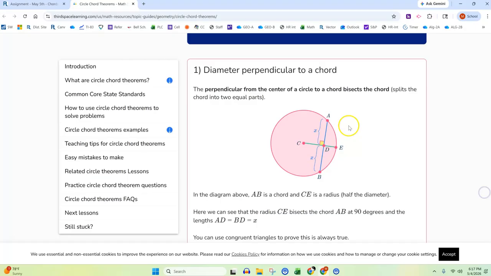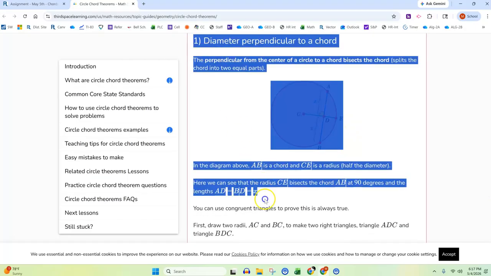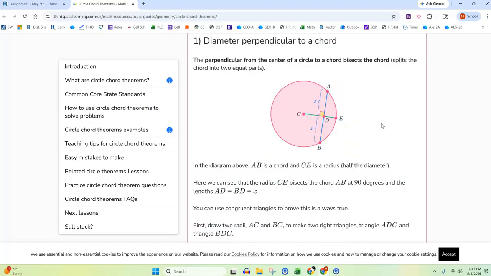I'm going to go ahead and exit out on this. So again, you make sure to translate if you need to translate this, okay? The first thing is this. If you get a circle like this, and there's a perpendicular line from the center of the circle to a chord, and it bisects the chord. Remember, bisects means cuts the chord in half. So this green line, the blue line is the chord, okay? From A to B, that's a chord, okay?